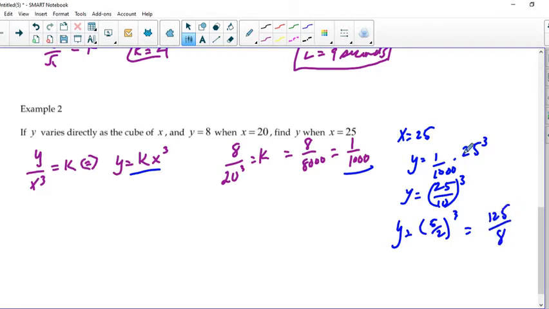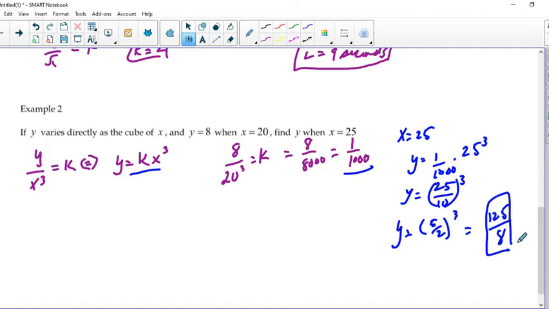Now, if you had a calculator, certainly that would be something you might use a calculator for. But remember, the best calculator is your brain. Okay, so y equals 125 over 8. Okay, so direct variation. Y varies directly as x. As y increases, x increases.